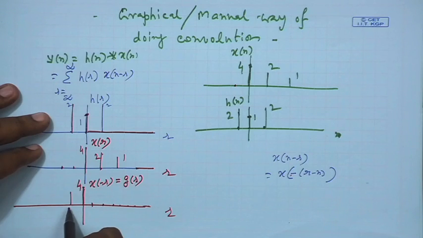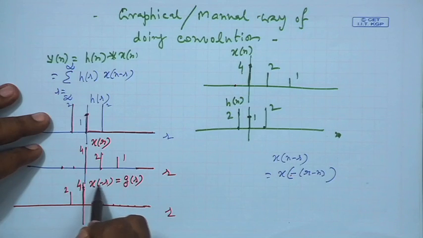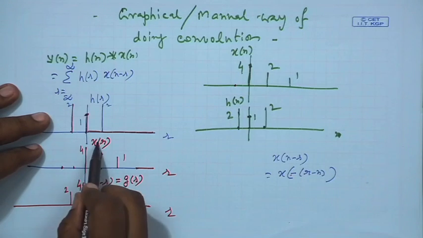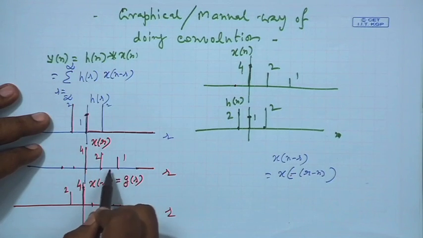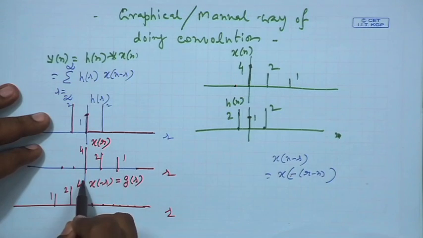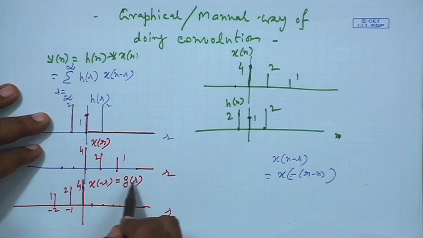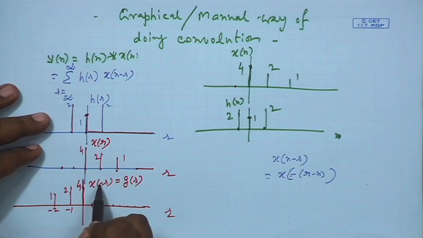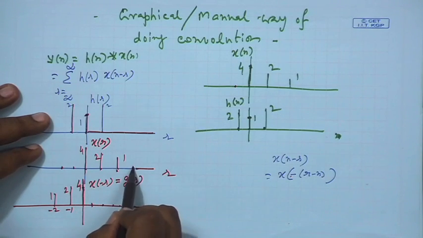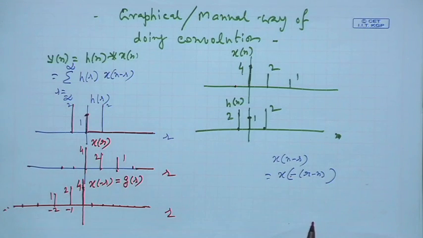So, g minus 1 at this point minus 1, it is 2. What is g minus 2? x of minus minus 2, that is x 2, and x 2 is 1. At point number 2, it is 1. So, this will become 1. And then g minus 3, x of 3. x of 3 is 0, so it will be 0 and 0 onwards. This is your x of minus r.